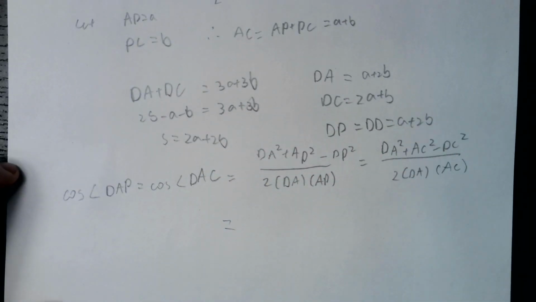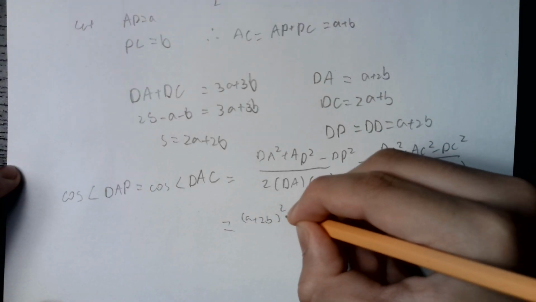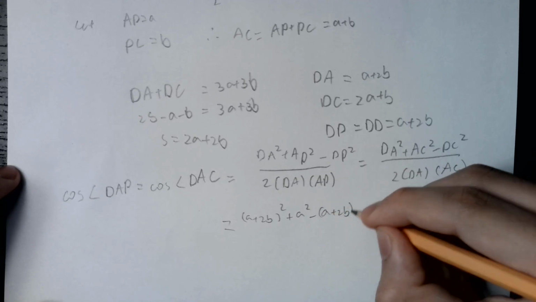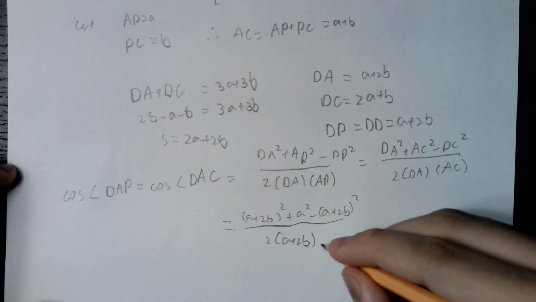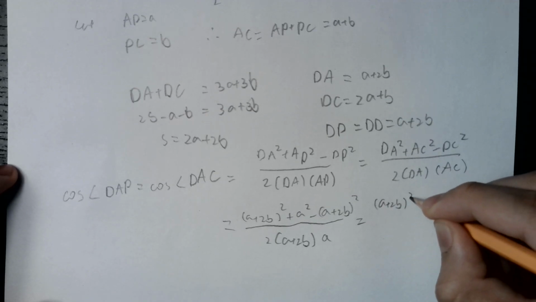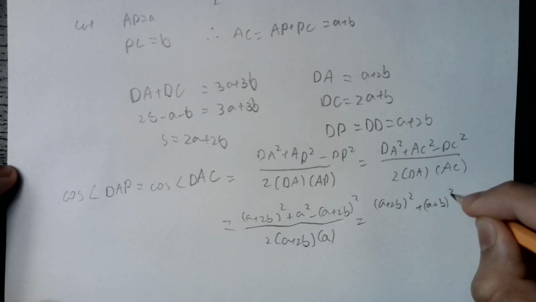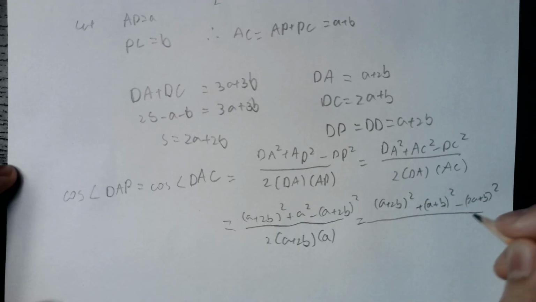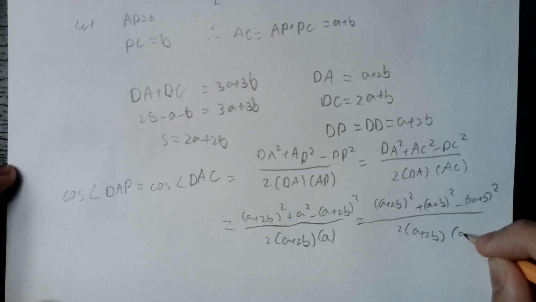So we're going to use all of these lengths in A and B. So now we can rewrite this into (A plus 2B) squared plus A squared minus (A plus 2B) squared divided by 2 times (A plus 2B) times A. And this is going to be equal to (A plus 2B) squared plus (A plus B) squared minus (2A plus B) squared, and this divided by 2 times (A plus 2B) times (A plus B). So this is a really big mouthful.